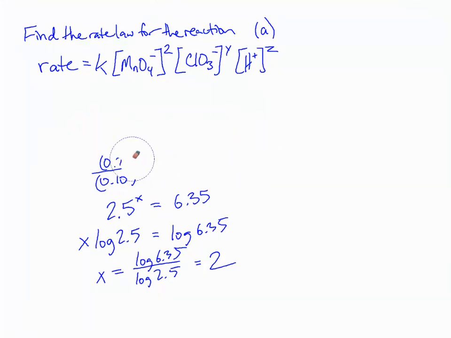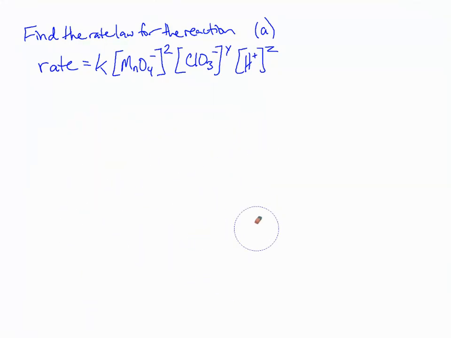So we're going to follow the same basic procedure to find our next one, the concentration of ClO3 minus. We've got a data table here in the notes, and to look for this one, we need to see where other things change and where they do not change.